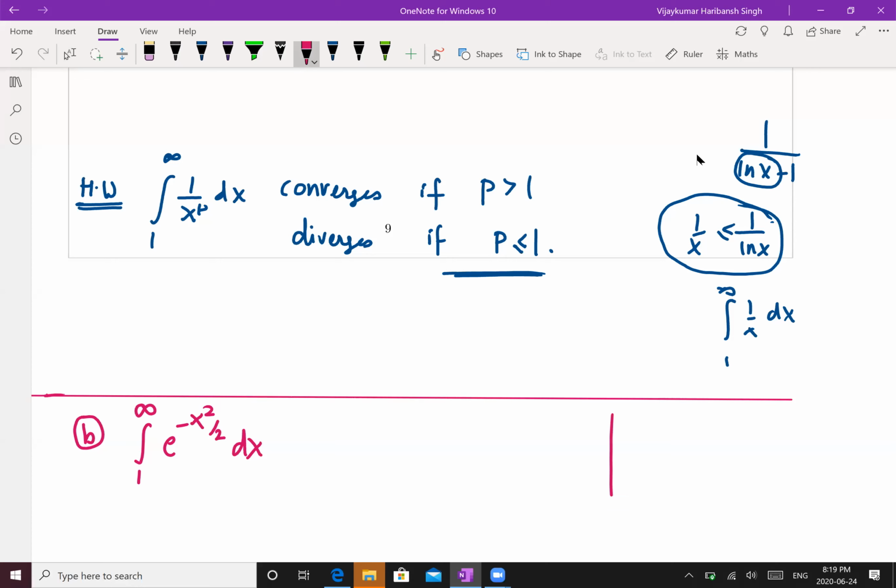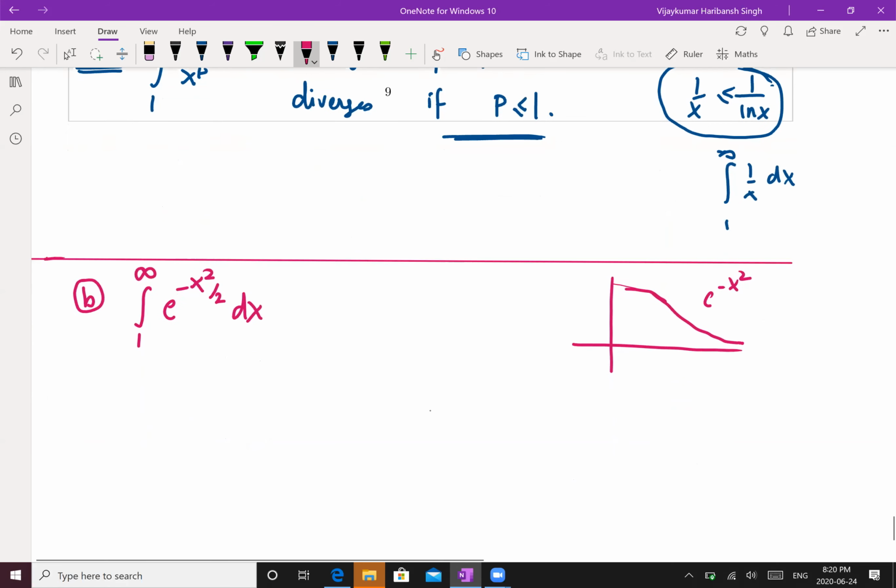So e to the power minus x squared by 2, or minus x squared at least, looks somewhat like this. So I suspect that this function will converge. I want to find a larger function than e to the minus x squared which will converge as well.